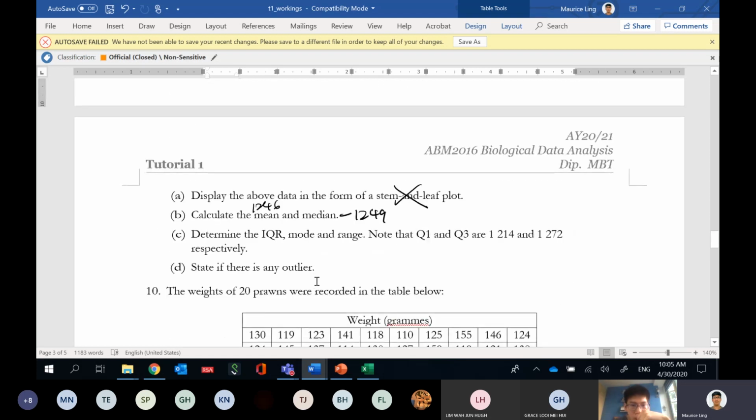How about the Q1, Q3, and interquartile range?